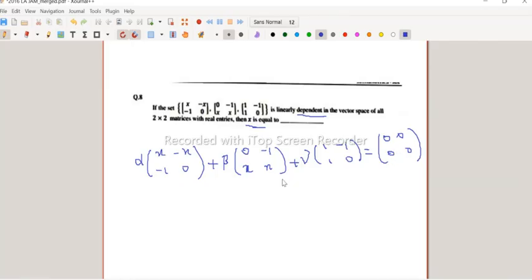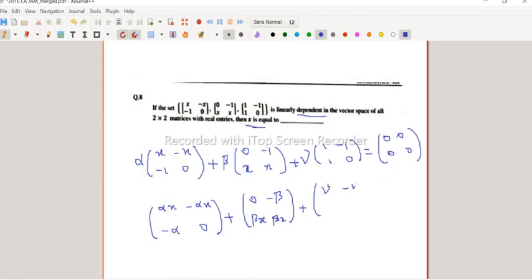Now, to simplify, multiply alpha inside, we multiply alpha by each entry. Now we multiply beta inside, and we multiply gamma inside. This is equal to the 0 matrix.